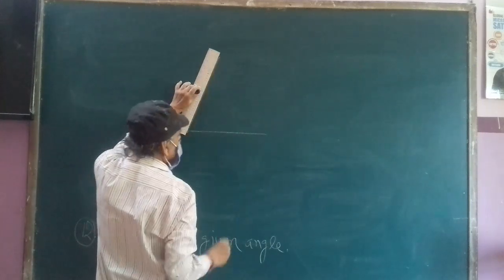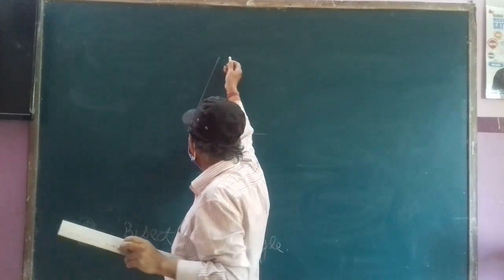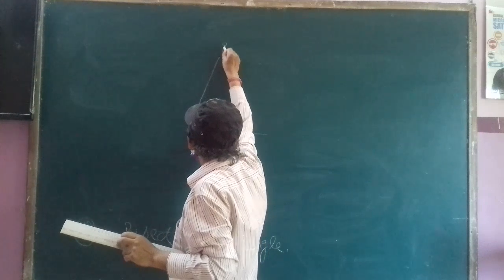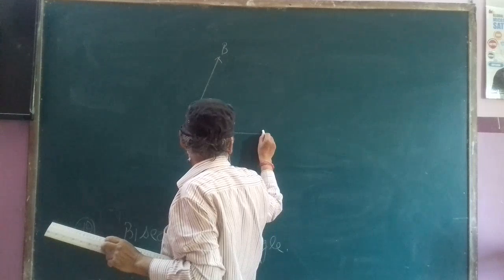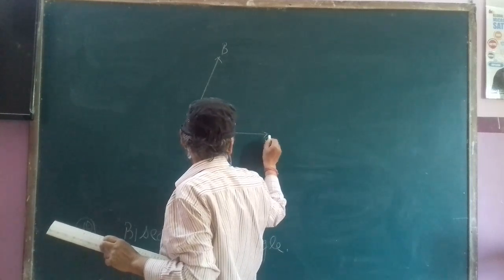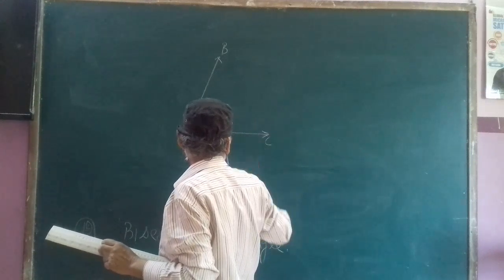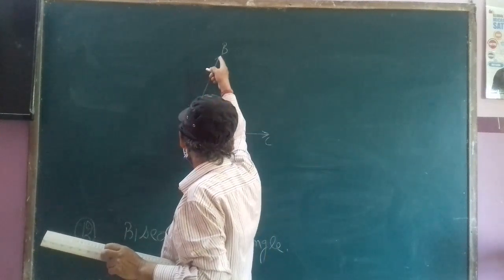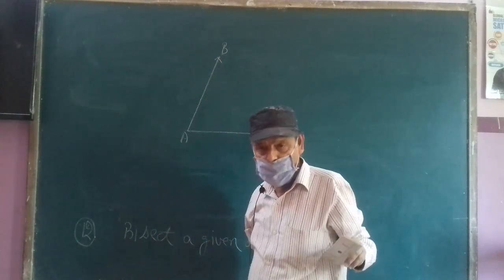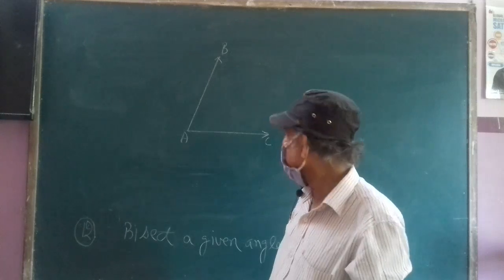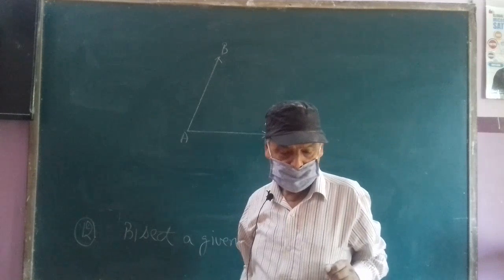Here it is acute. You can name them as this is B, this is A, this is C. Okay, this is your angle BAC. This is known as angle BAC or CAB. How will you bisect this angle BAC or CAB with the help of set square?